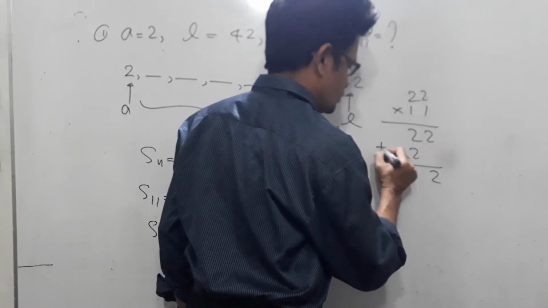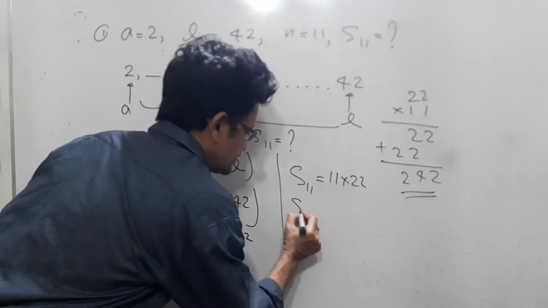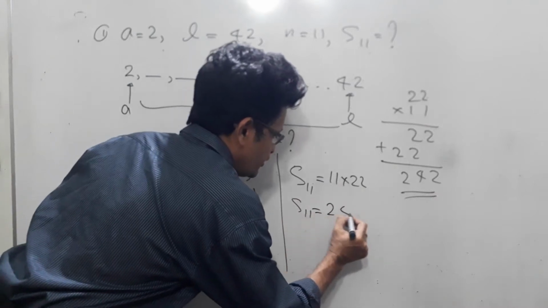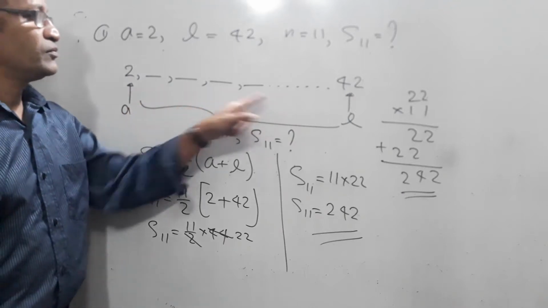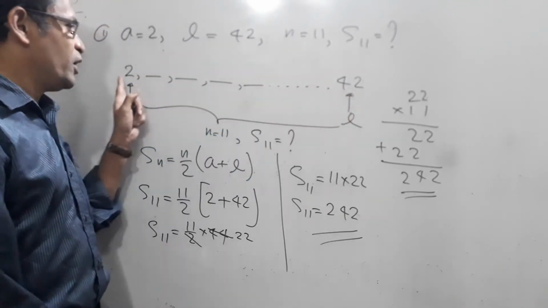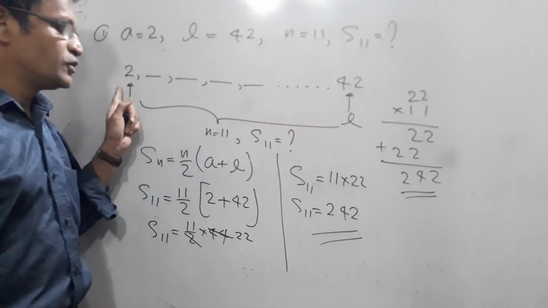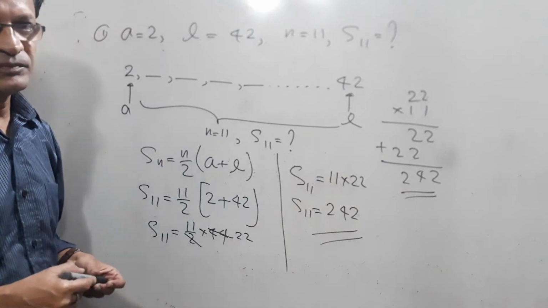So 2 plus 2 is 4, here 2. So S11 equals 242. That means if you add all the terms one by one from 2 to 42, including both 2 and 42, the sum is 242. Clear?